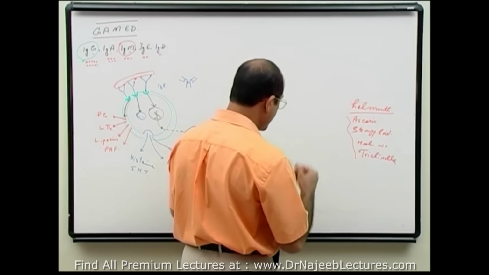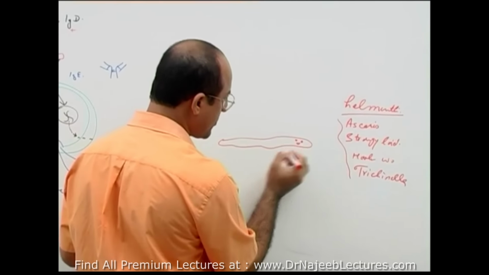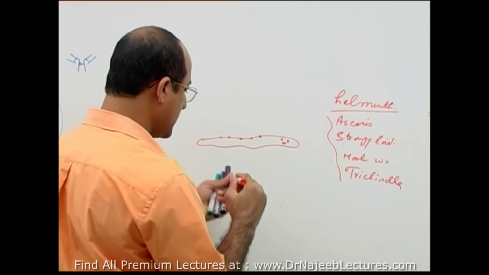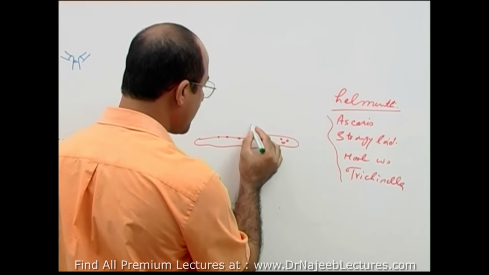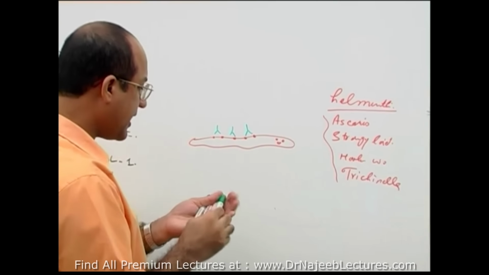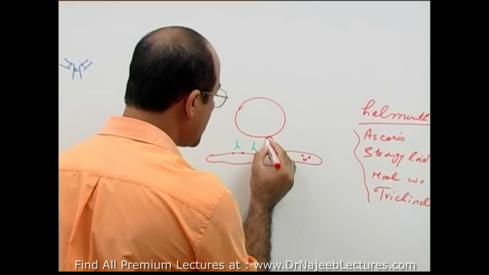For example, if there is a parasite here, of course these are the antigens of the parasite. IgE will bind on the parasite antigens, and IgE also has its receptors on what are these cells?